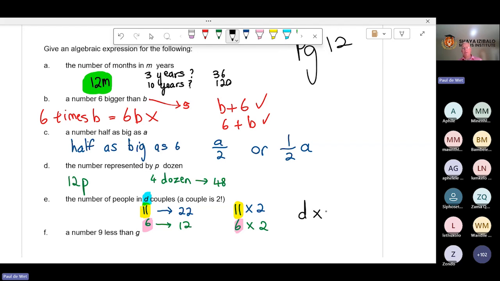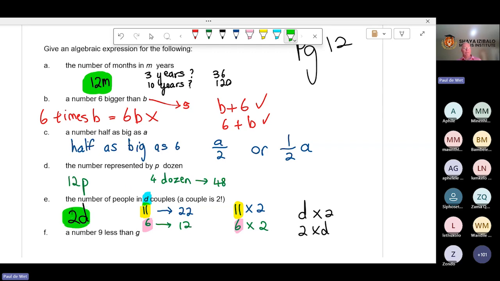But do we write D times 2 like that? No. Do we write 2 times D like that? That's better, but we don't even write that. We write what Naledi and Fundisiwe are writing at the moment. Okay, and Nomfundo. We write 2D. 2D is the best version of the answer.